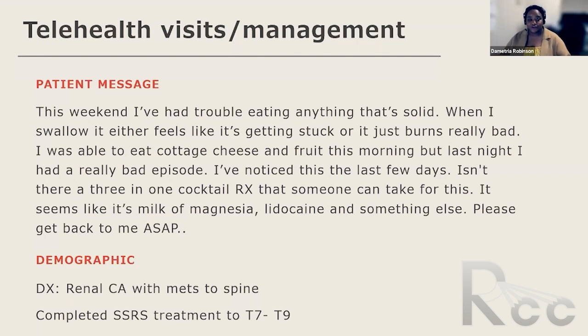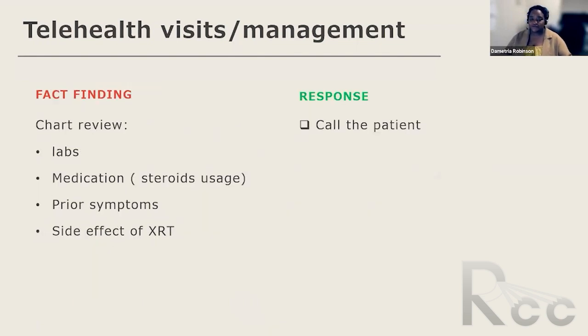The difficulty swallowing is not related to the treatment she had, but based on the information given and where we're treated, she could be having reflux, because we treated some of that abdomen, the T7-8, so that may be causing some irritation, which made swallowing difficult after she ate.